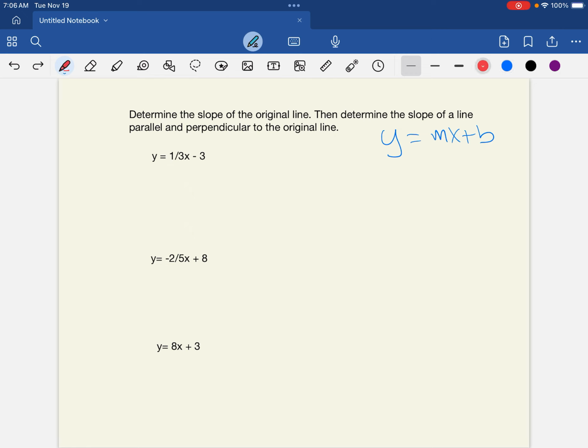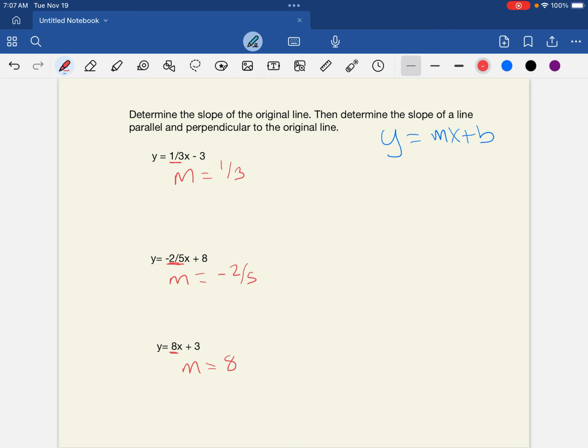So I'm going to look at the number in front of my x, that coefficient that's usually a fraction, and those are going to be my original slopes. In my first line, the slope is 1/3. In my second equation, the slope is -2/5. And in my third equation, the slope is 8.